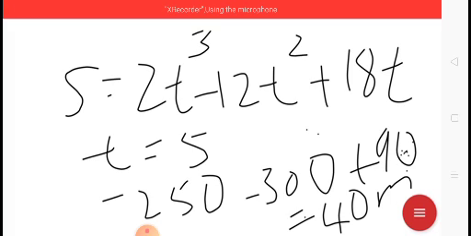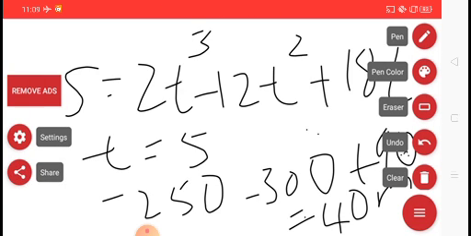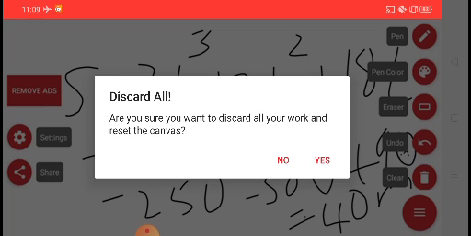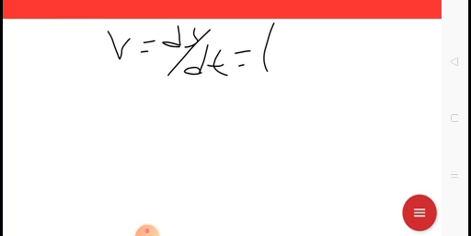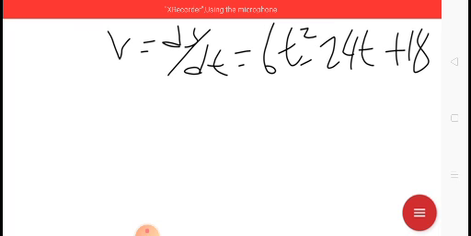You may have other methods. You may use the graph to find it, and if you want to use a graph, no issue, you can visualize. But I will show you the calculus way. Once you have the total displacement at t equal to 5, we find the turning points. At a turning point, v equals 0. So we find v first: v is 6t squared minus 24t plus 18.